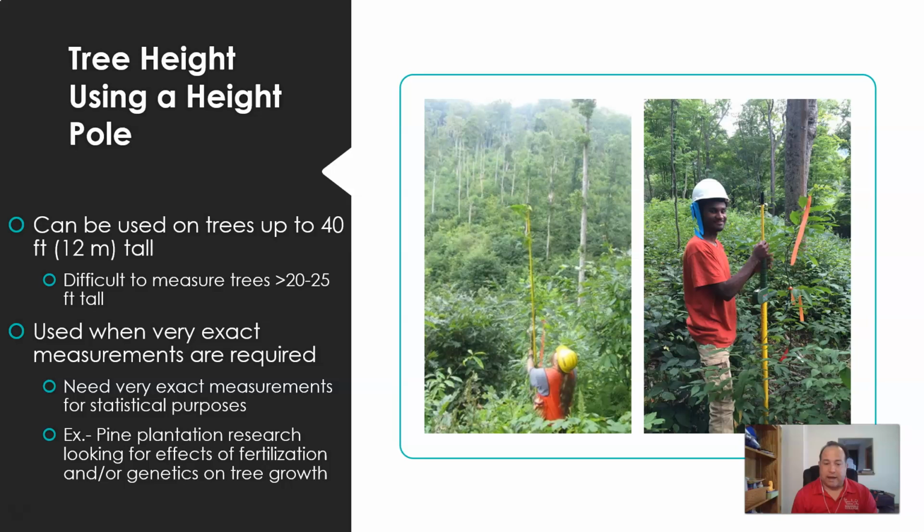Then you'd be able to see those effects, and it would really make a difference if this tree over here is 7 feet tall and this tree over here is 6 feet tall, or this tree is 10 feet tall but this tree is 4 feet tall. You'd want to know all those small differences.